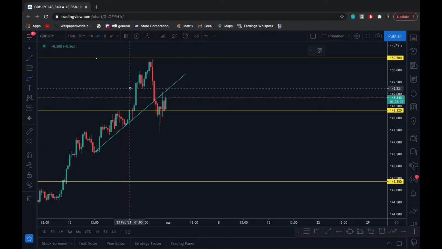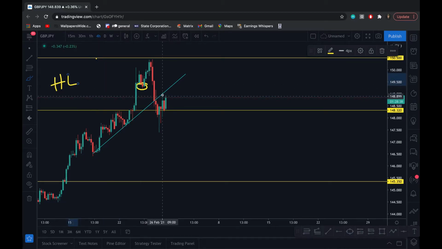And we broke your previous higher low, creating new lower lows, right? So now we broke your trend, created a new lower low, right?